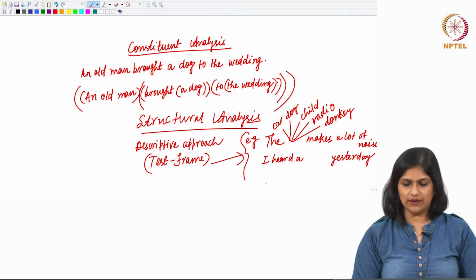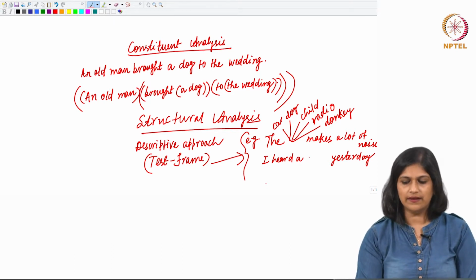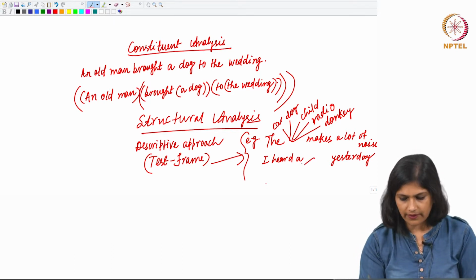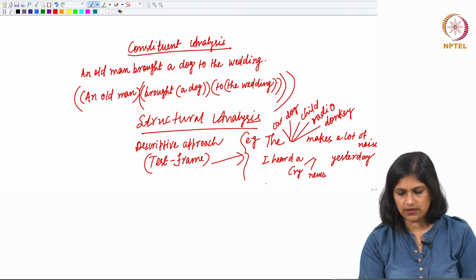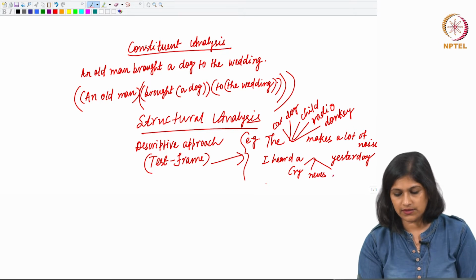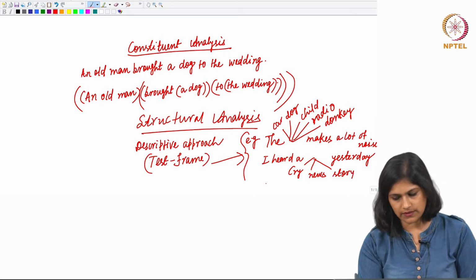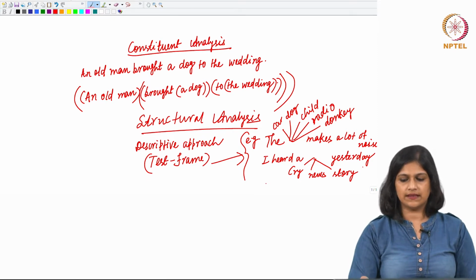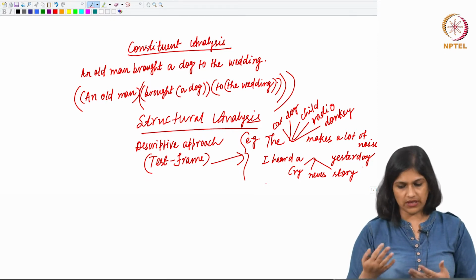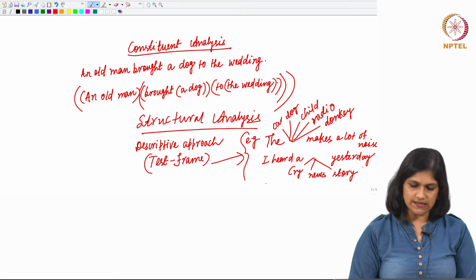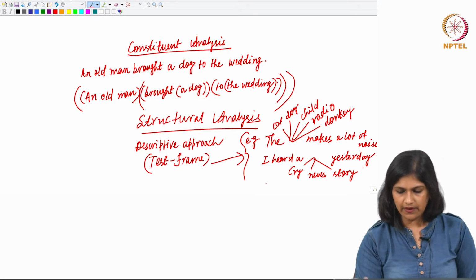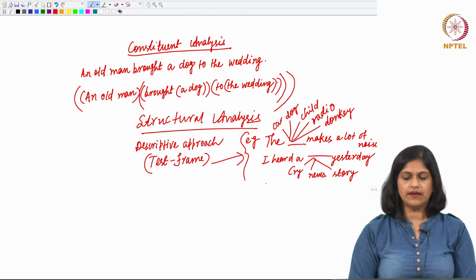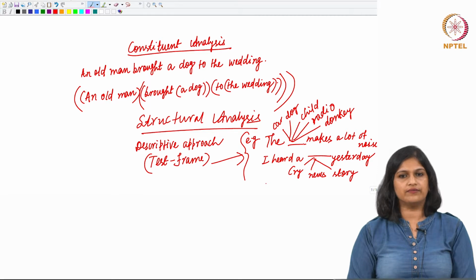When you say "I heard," you can say a cry yesterday, you can call it news, you can say I heard a story. Different words, but remember these are all nouns, generally common nouns. So, in this frame you can add a lot of nouns, and which nouns?